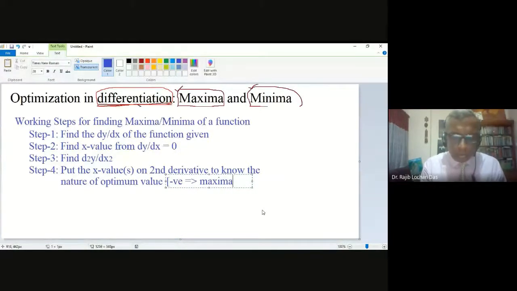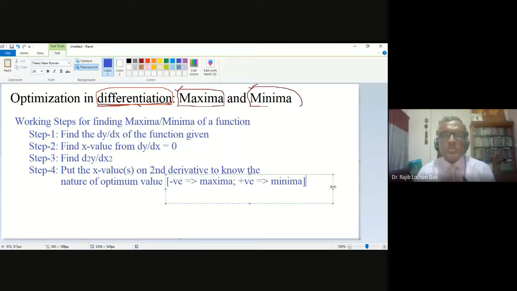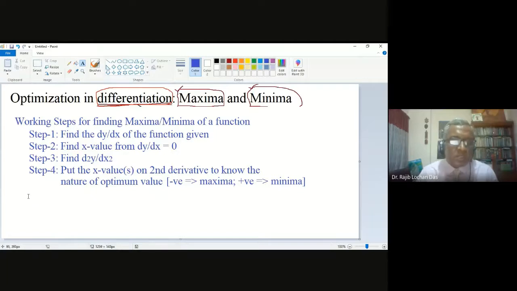Or if you find a positive value, that will mean that the nature of the optimum value will be minima. So this is the decision. You will check for this decision, and then you move to the next step.